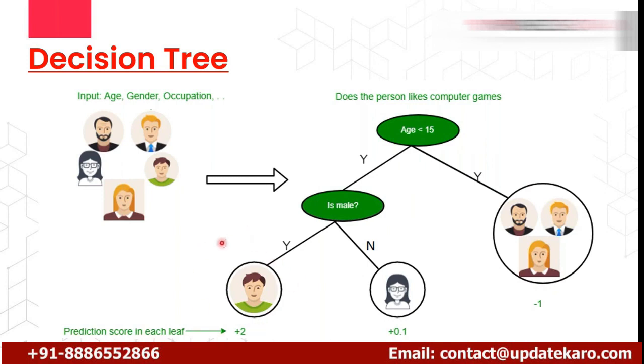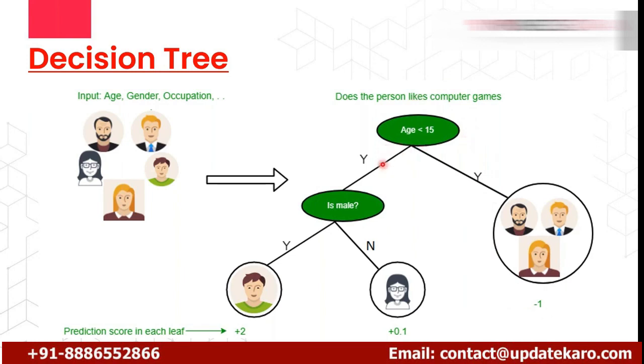First we go with the age column. If age is less than 15, we can simply say yes, the negative score is there, which means they don't like computer games.